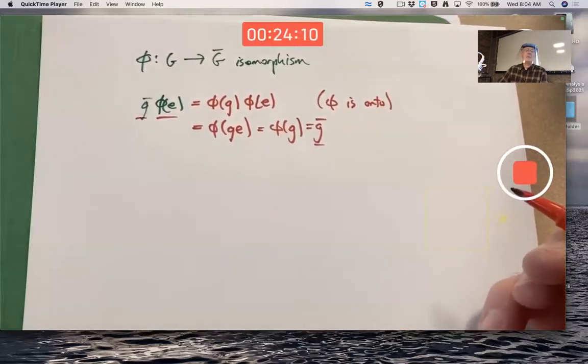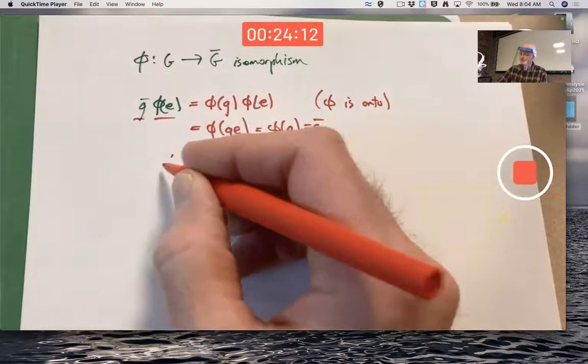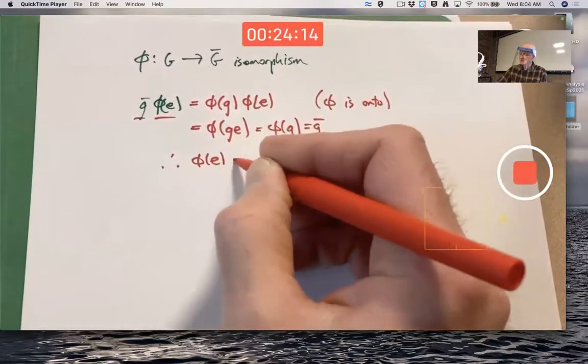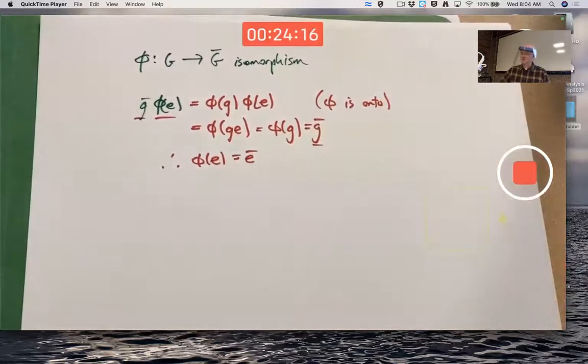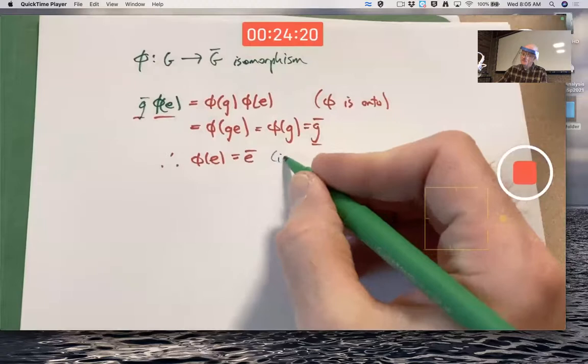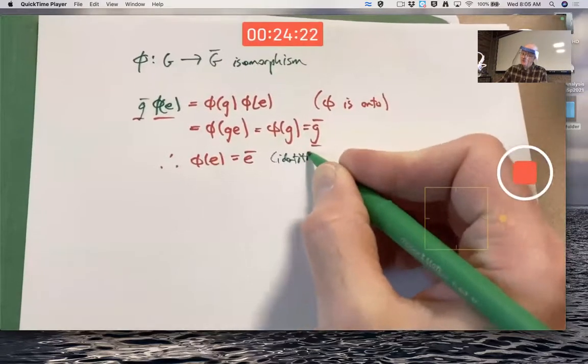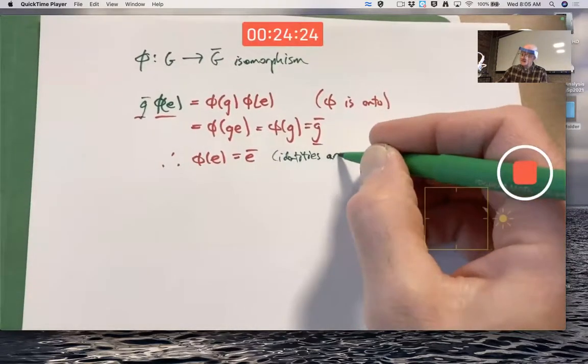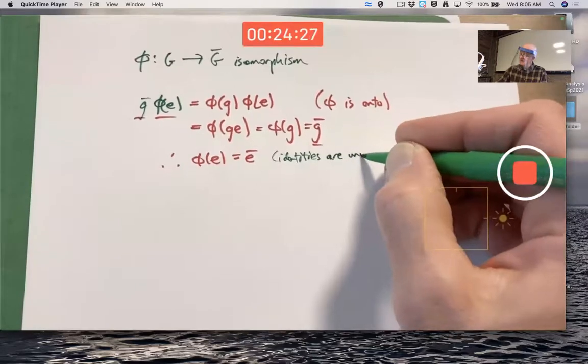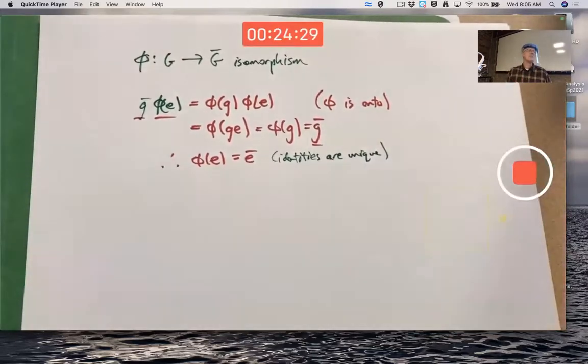Therefore, phi of E must be E bar. That was my thought about how to do this. Not quite as slick as the book's approach, but it does work. Does that make sense?